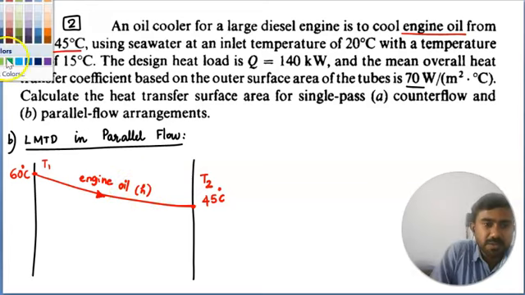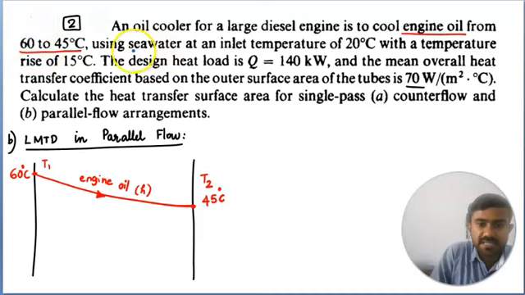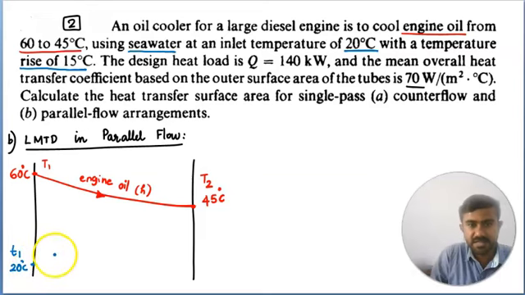What about the cold fluid? We are using seawater as the cold fluid and the inlet temperature is 20. Because it's a parallel flow, water is entering in the same direction. So small t1 is 20 degrees Celsius with a temperature rise of 15. So it starts at 20 and the rise in temperature is 15 degrees Celsius. So the exit temperature will come to 35 degrees.